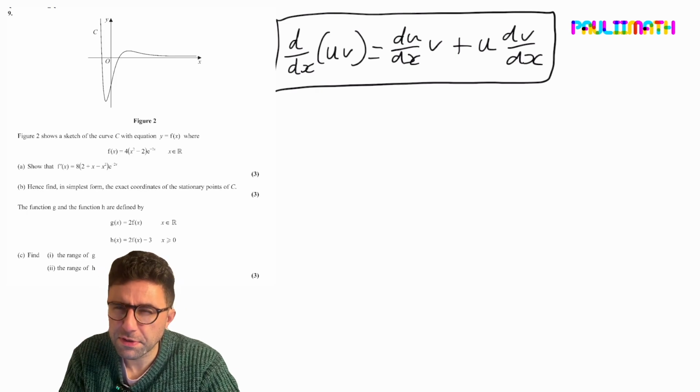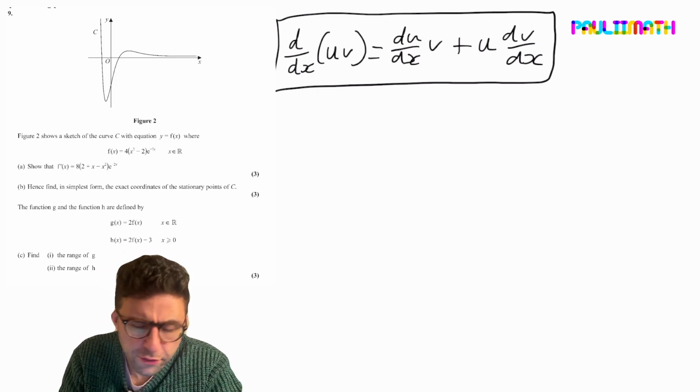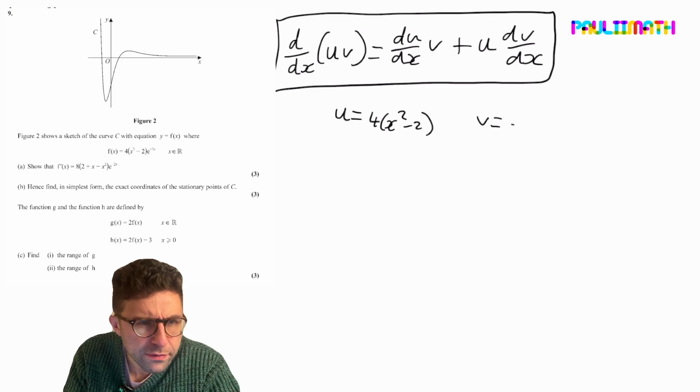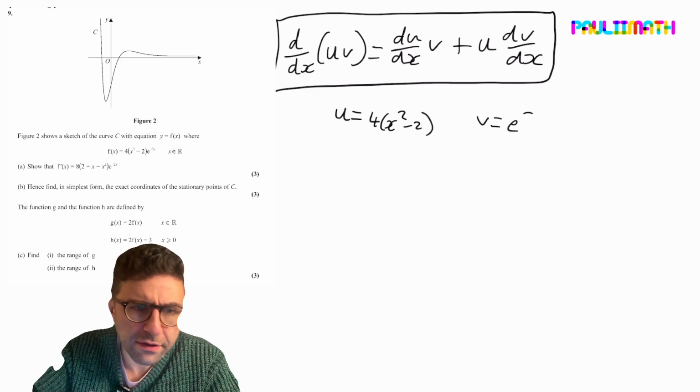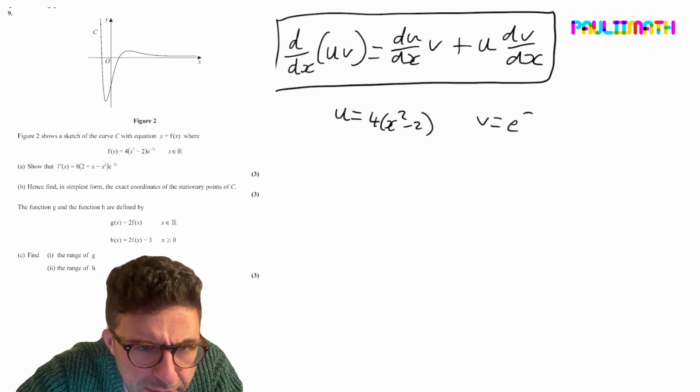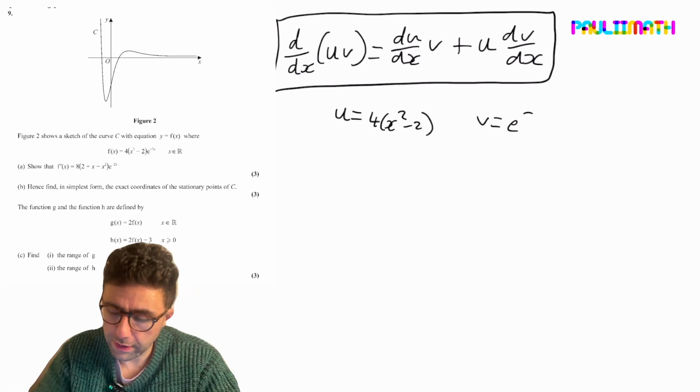I'm going to write them out explicitly this time just because it looks a little complicated. u equals 4x squared minus 2, whereas v equals e to the minus... Now I can't even see that. Let me get my deep eye glasses out. It's minus 2x.